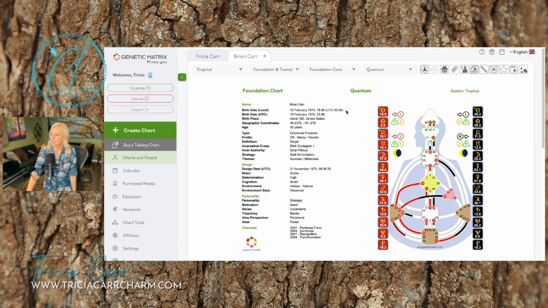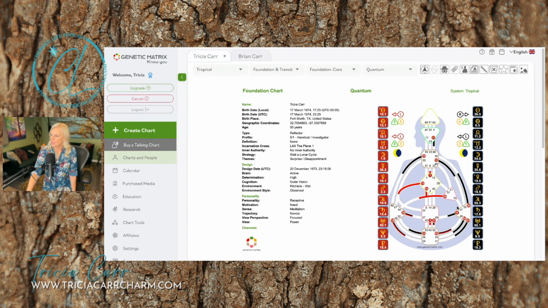Clairsentience is indicated by, of course, the open or undefined, especially the emotional center, but it's also these other two, like the heart will center and the identity center. That's going to pull in empathic information. The actual solar plexus, which is the emotional solar plexus, is the triangle toward the bottom on the right.